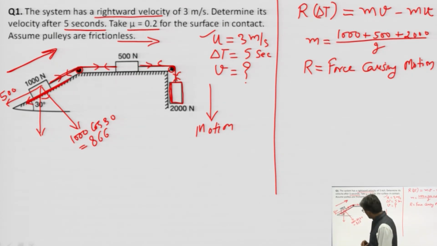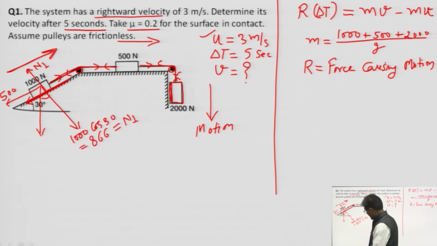What will be its value? To find its value, find the normal reaction here, say it is N1. What will be the value of N1? Simply this one is the value of N1. And the friction force is mu into N1.